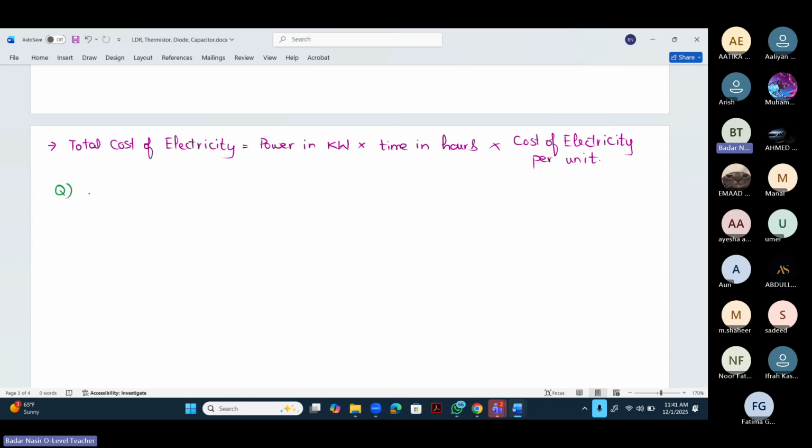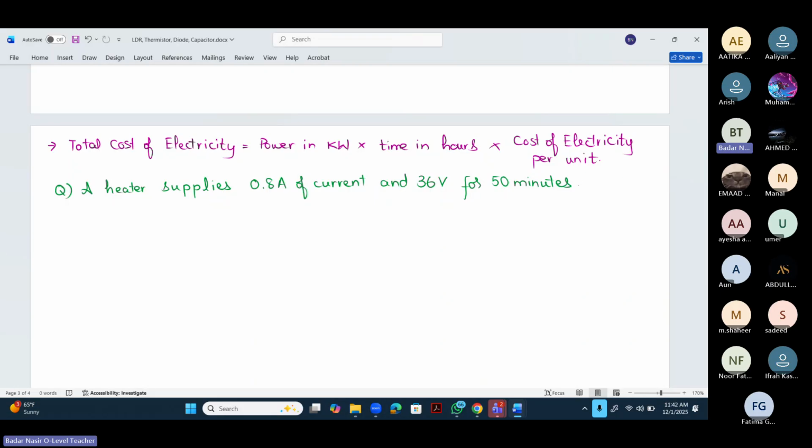So beta, the question is going to be a heater supplies 0.8 amperes of current and 36 volts for 50 minutes.